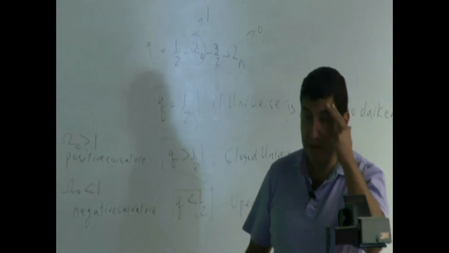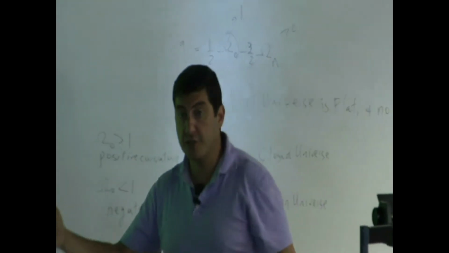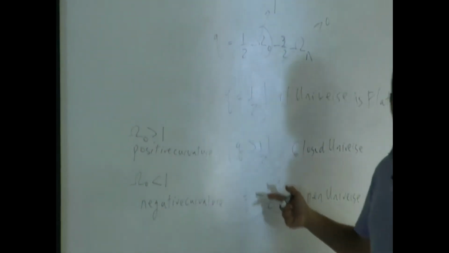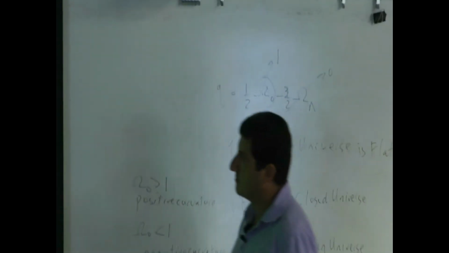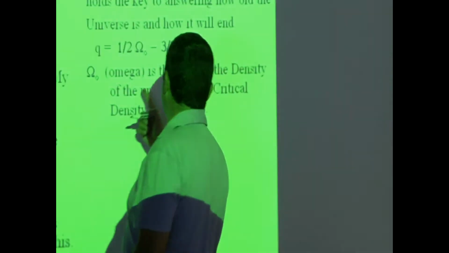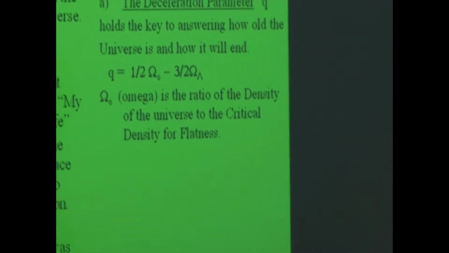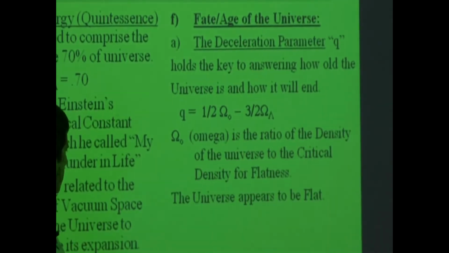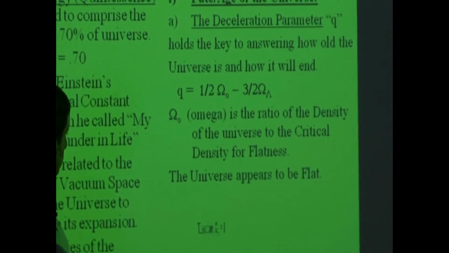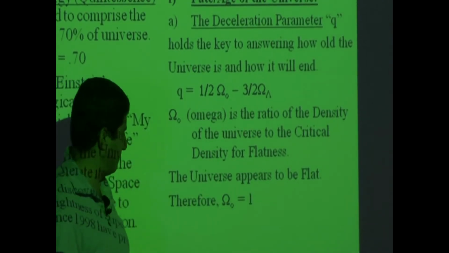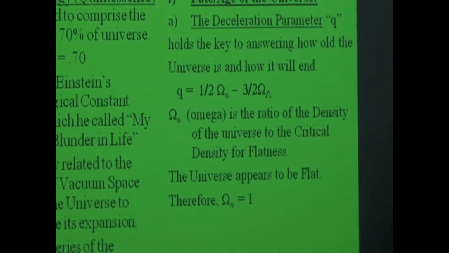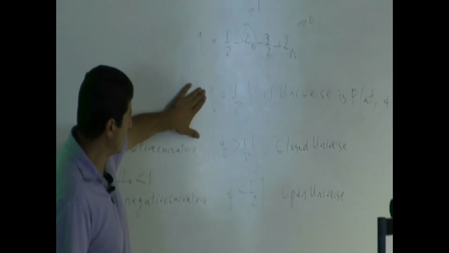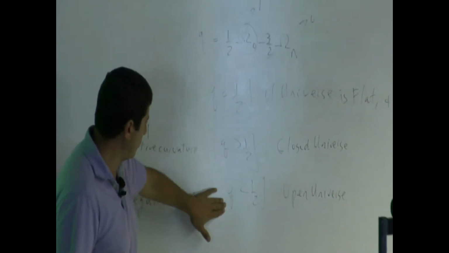Okay? So before our discovery of dark energy, these were the 3 models of the universe we used to believe in. Omega 0 is the ratio of the density of the universe to the critical density for flatness. The universe appears to be flat, therefore omega 0 is 1. So out of these 3 options, back in the 1980s and 1990s, we believed the universe was either flat and therefore marginally bounded, closed, or open.